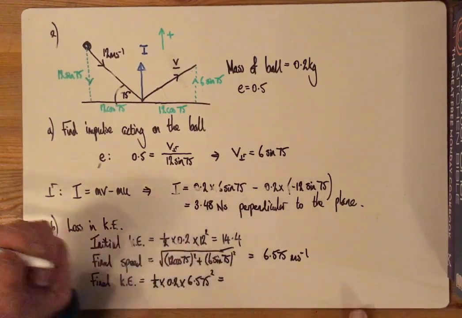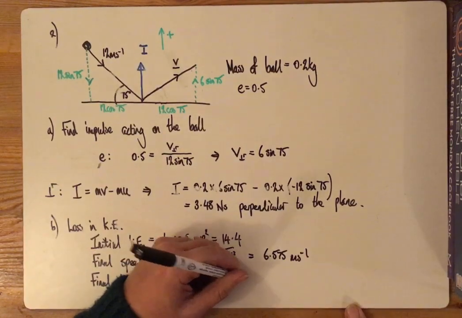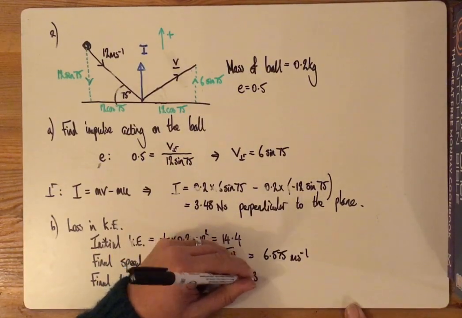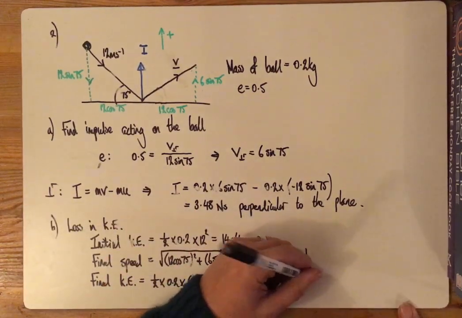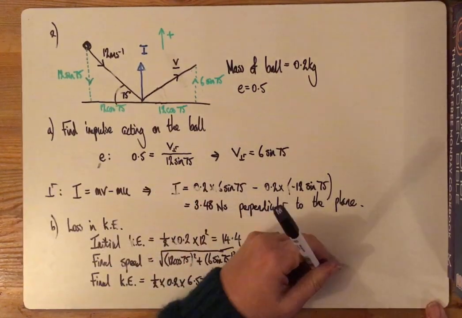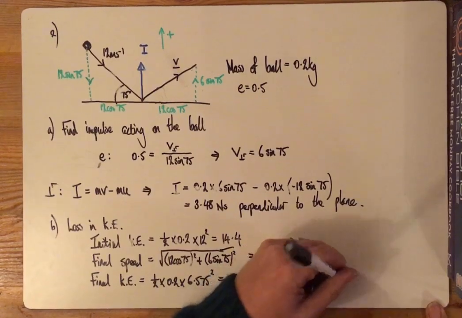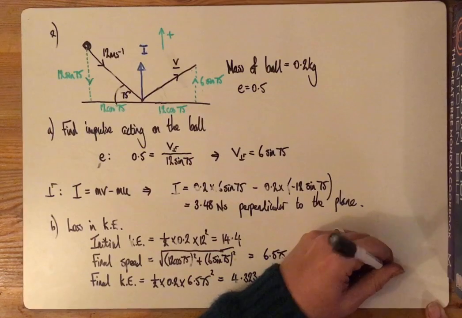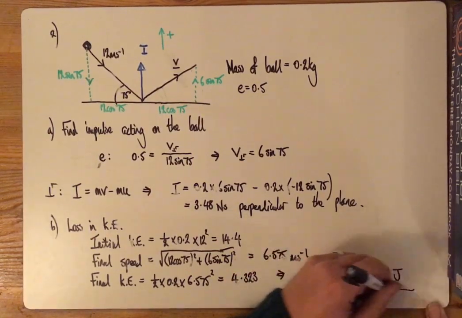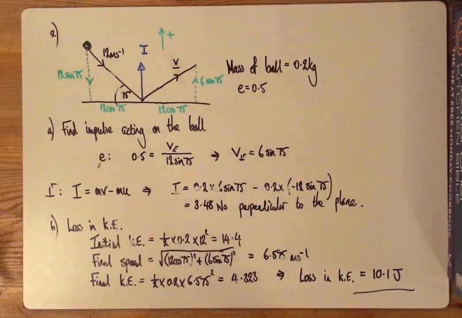And that comes out as being 4.323. And then obviously the loss in kinetic energy is initial minus final. So loss in KE comes out as being 10.1 joules. So it's just splitting it into components.